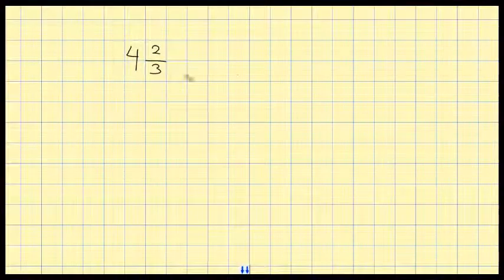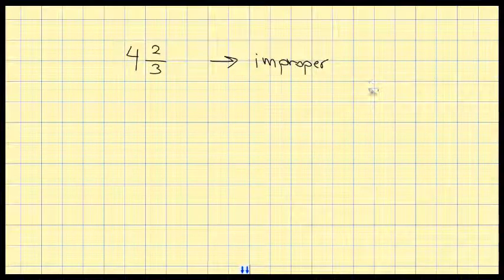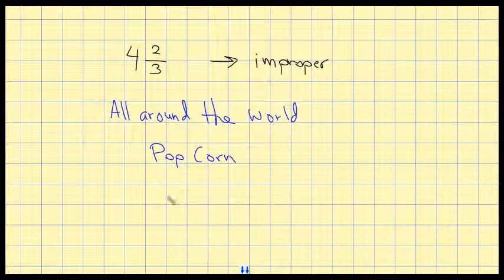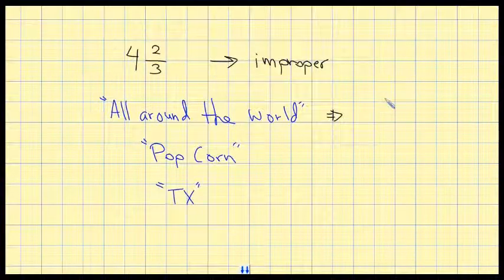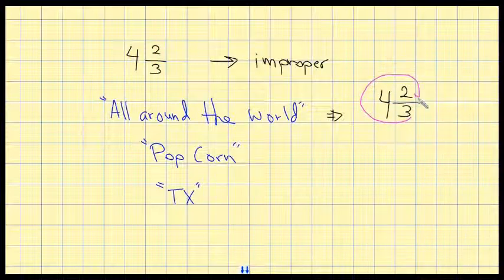4 2/3. If I want to change that to an improper fraction, I need to do one of 3 things. All around the world means that if you have 4 2/3, all you really want to do is draw an arrow that goes all the way around the world.